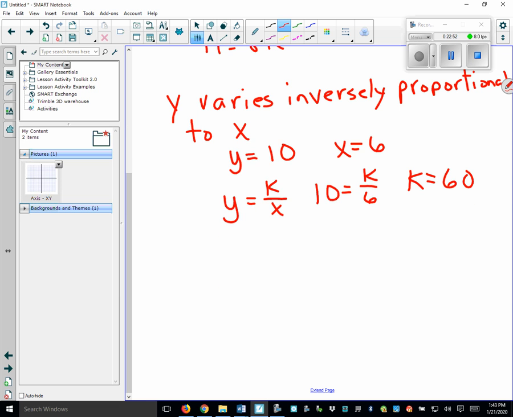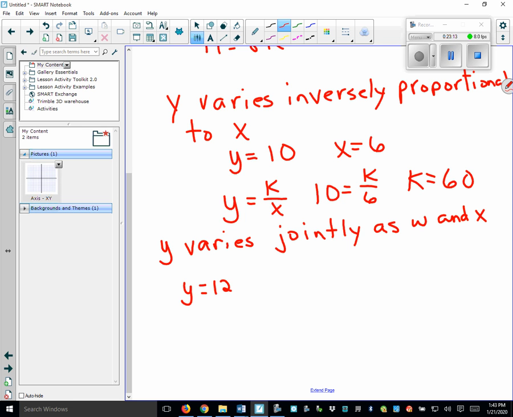Okay. The last one is Y varies jointly as W and X. So Y equals 12, W equals 9, X equals 14.